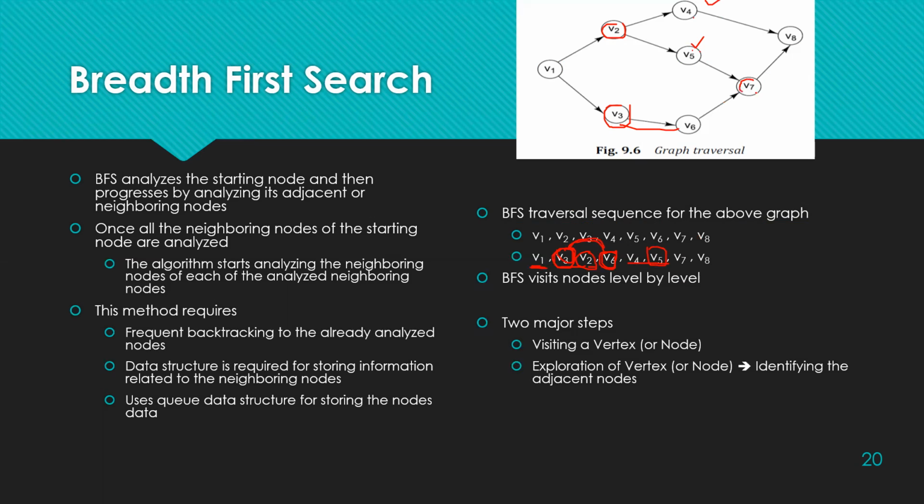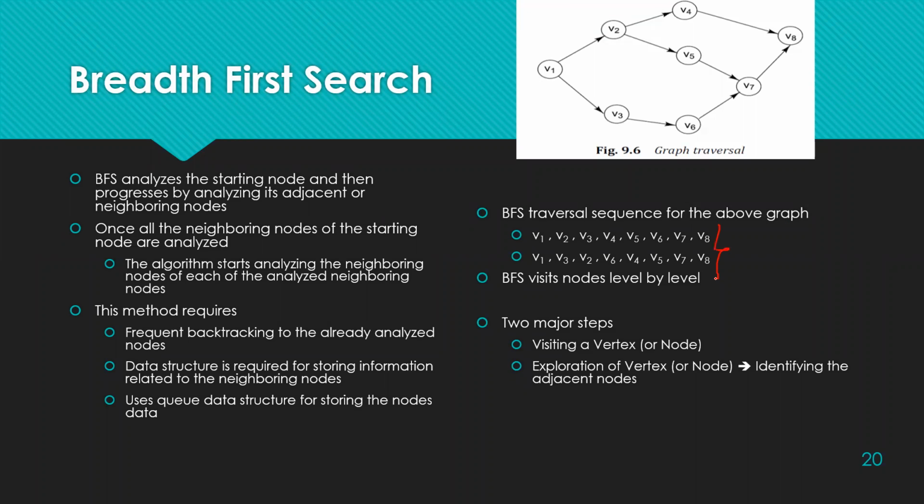For V5, who is the neighbor? V7. And for V7, who is the neighbor? V8. By this way, you have visited all the nodes. So these are two possible solutions they have given. You can have different solutions for any given graph.